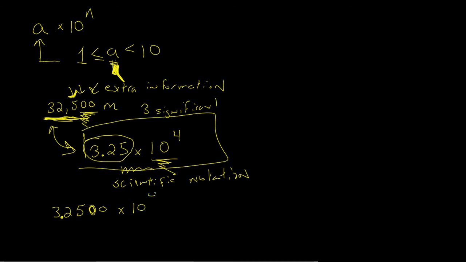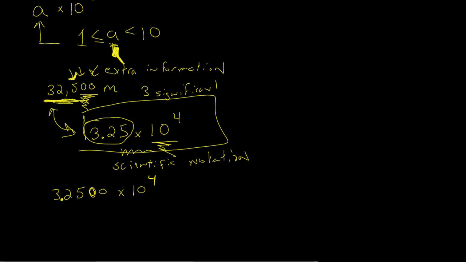And that's my power. Remember when we were multiplying decimals and multiplying large numbers, the number of zeros was related to the number of zeros in our number. And so each place is a power of 10.